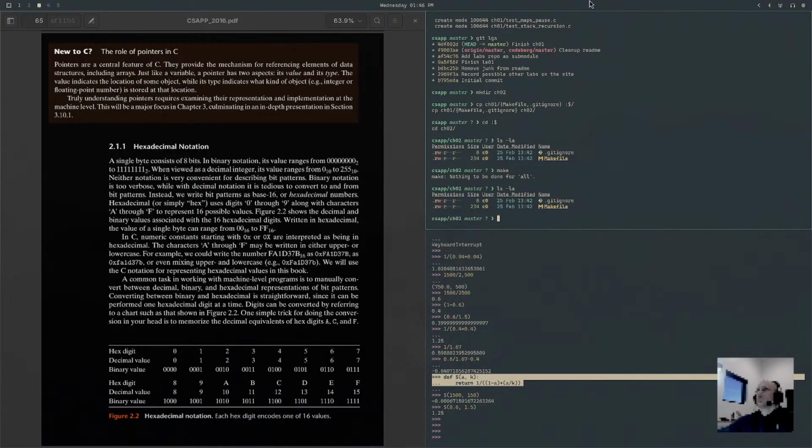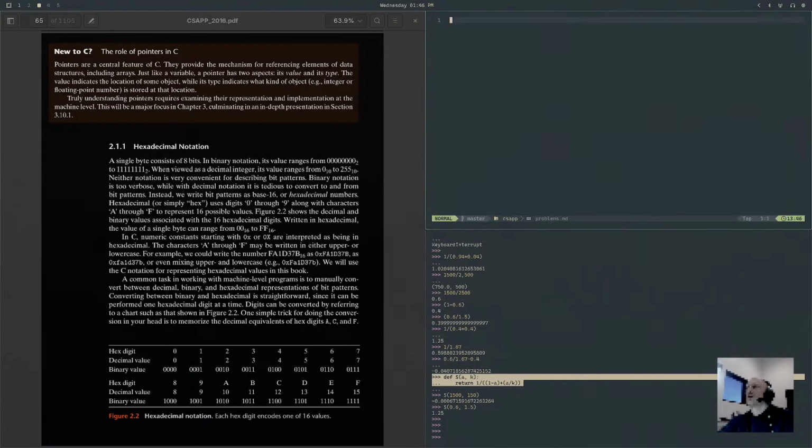Okay, let's do the stupid conversions. This will be 2.1, and then we say A, and then here it's going to be 0x25B9D2. Sorry, let me make sure that's right. 25B9D2.